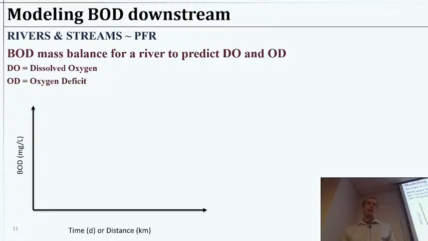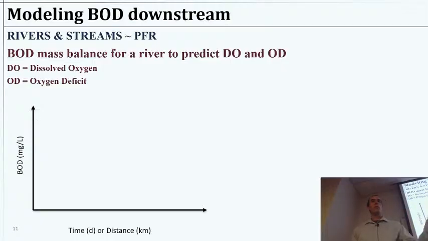And it's going to act close enough like a plug flow reactor that we can treat it that way. So we could look at dissolved oxygen, of course, and then we can add in a new term called oxygen deficit and track that over time. So first of all, let's consider what happens to BOD.